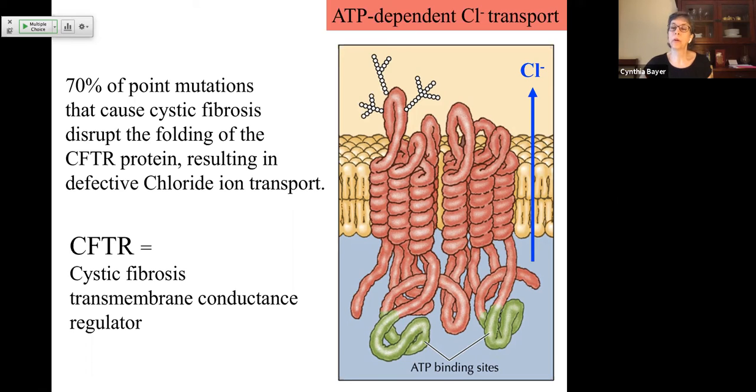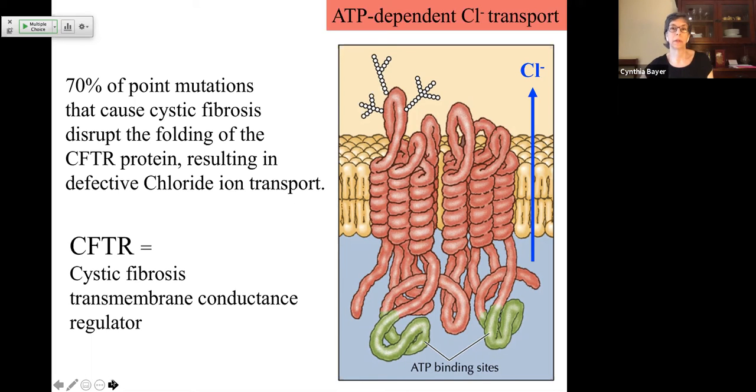So the chloride ions will remain in the cell instead of being pumped out. So we don't have the gradient, with a higher concentration of chloride ions outside than inside. Then the cell would have an osmotic imbalance, right? And the cell would not secrete its products properly.